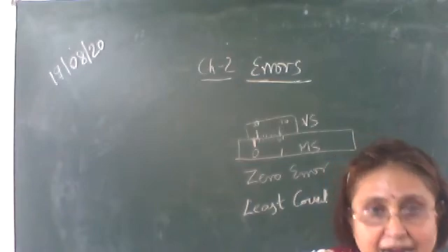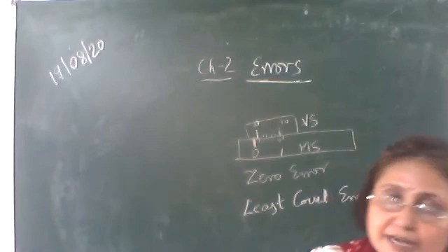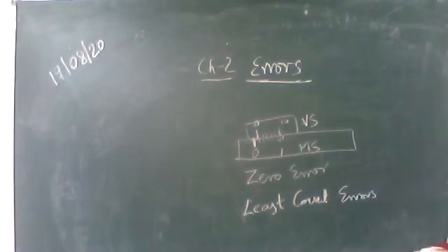Then random errors, which may occur irregularly and by chance. We don't know their cause. And then the least count errors, which are associated with the least count.